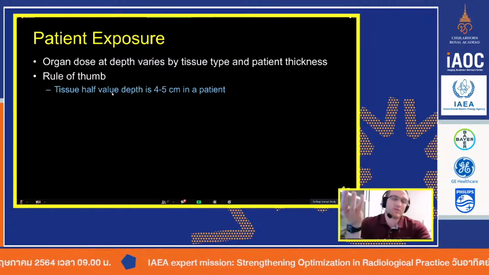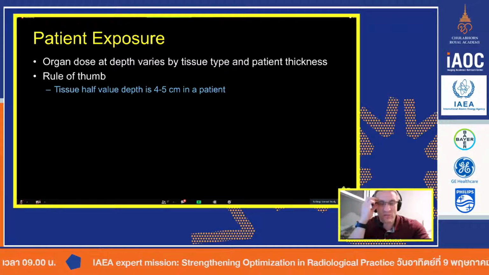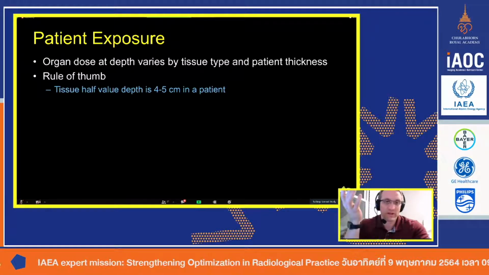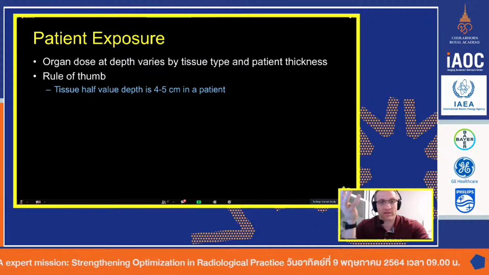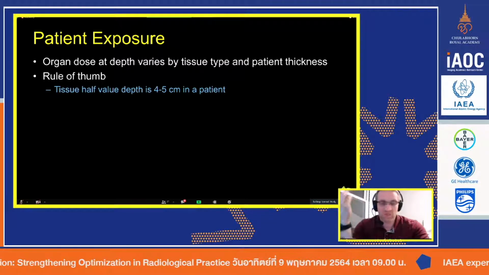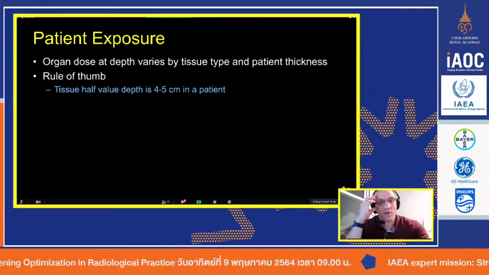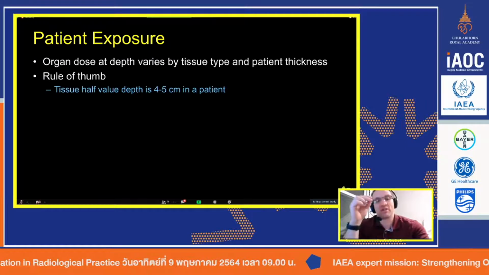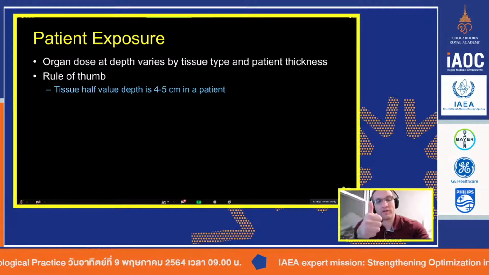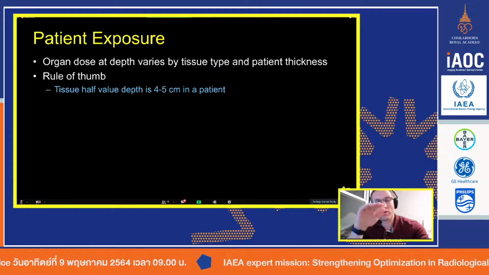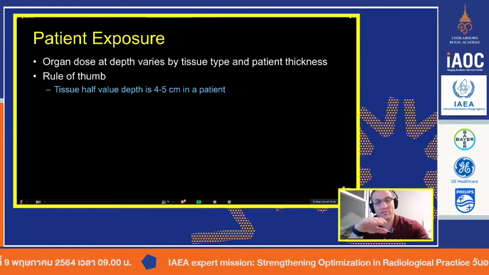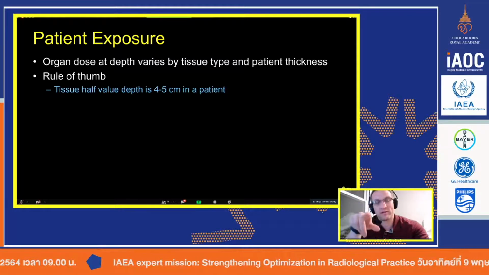So what are some rules of thumb? You can, if you want, come up with all these correction factors to calculate organ doses. I don't really think it's that necessary. But if you do know the skin dose, a good rule of thumb is that about every 4 to 5 centimeters deep into the body, you lose half of your photons.